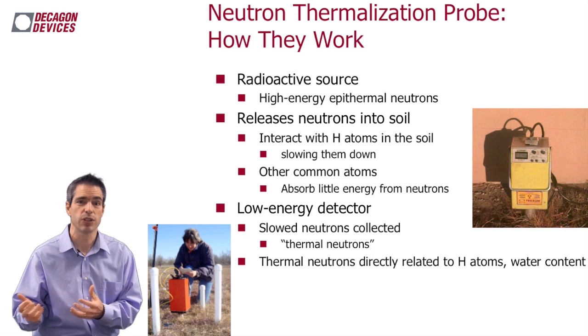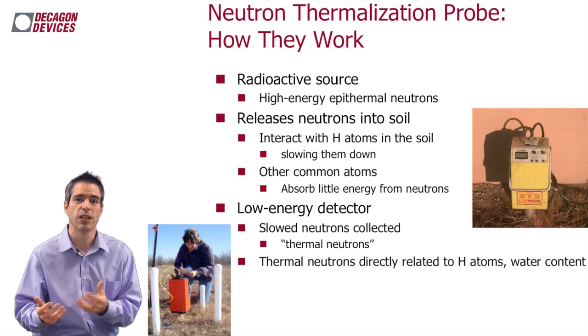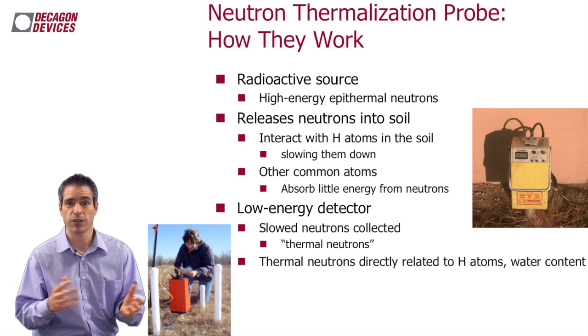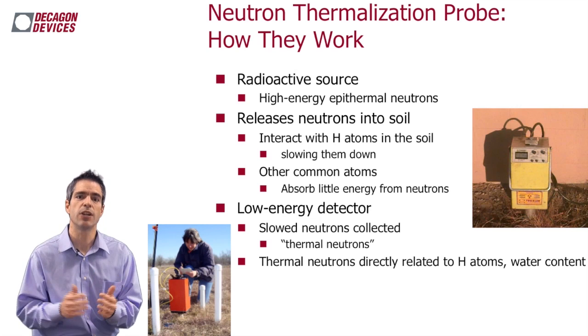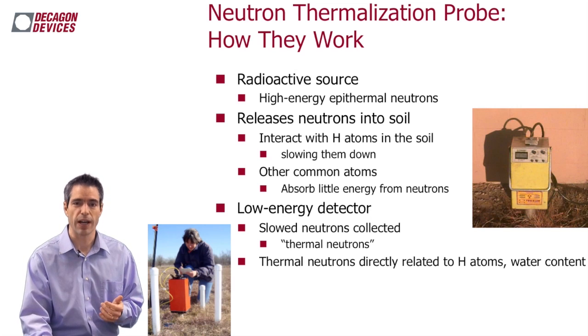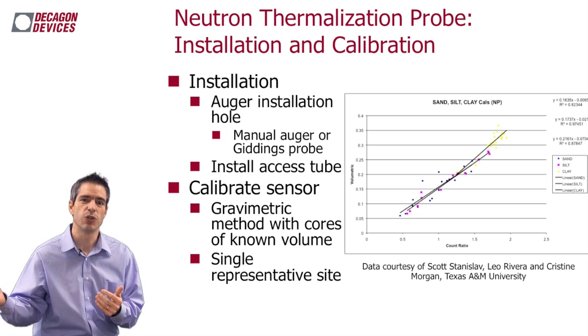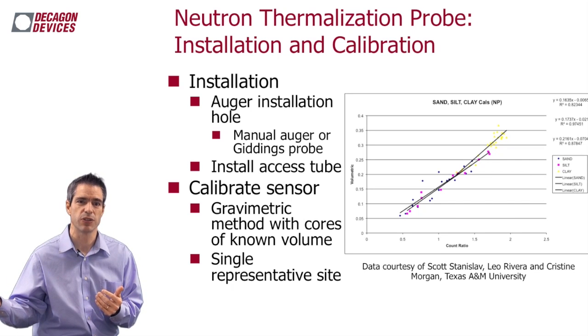And because hydrogen is most closely associated with water, at least the things that are changing in that soil, then we can relate the amount of thermalized neutrons to the volumetric water content in the soil.